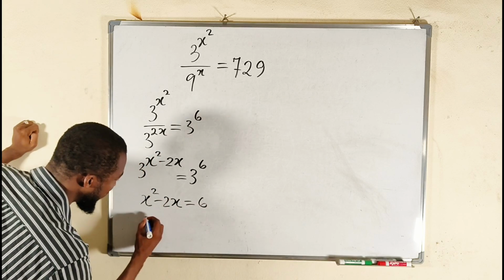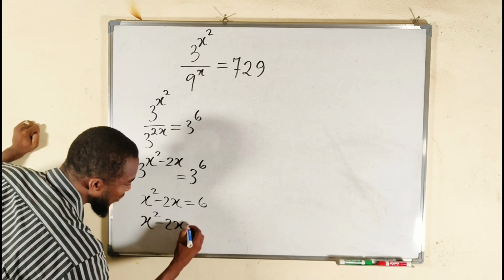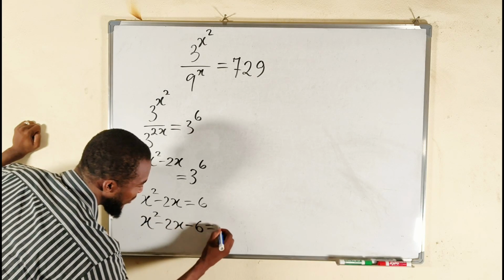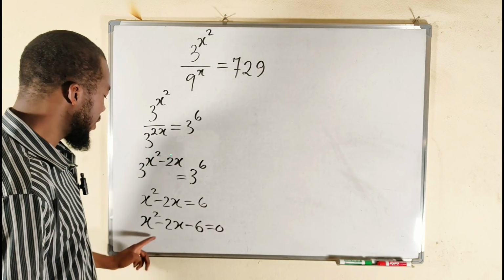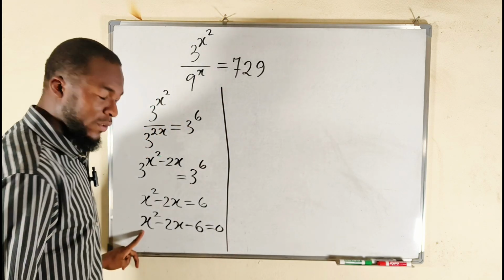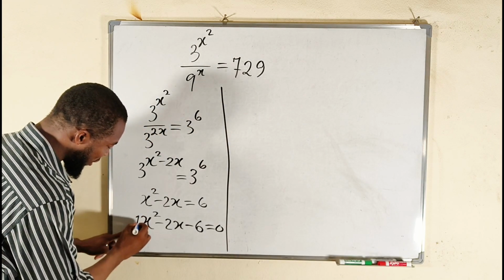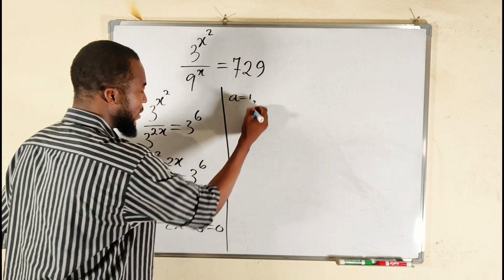And if you rearrange it, x squared minus 2x, as this crosses over, it becomes negative, and this is equal to 0. Now we have a quadratic equation in terms of x, right? So the leading coefficient here is naturally 1, therefore our a is equal to 1.